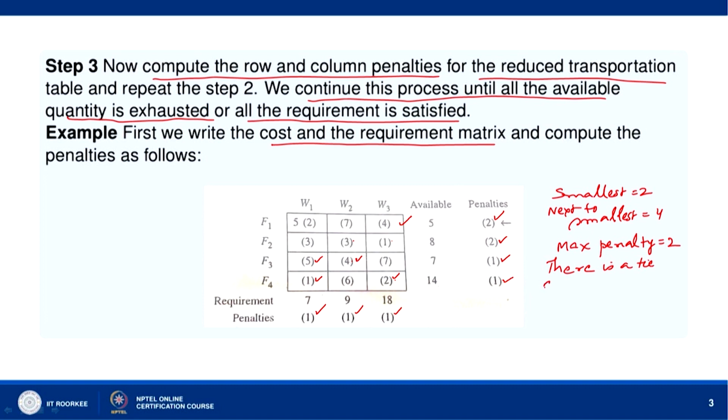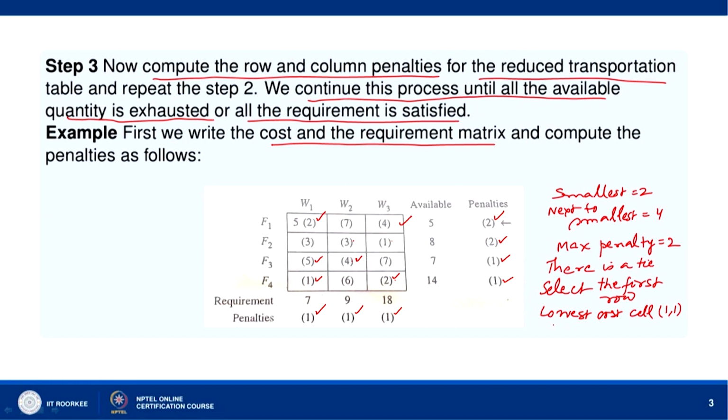Okay. So, select the first row. Now, then we will find the cell in the first row which has got the lowest cost. So, this cell had got the lowest cost, and lowest cost is 2. So, the lowest cost cell is cell 1 1.